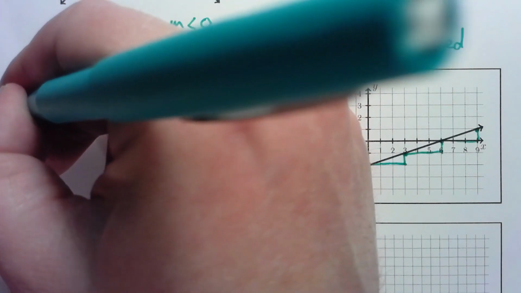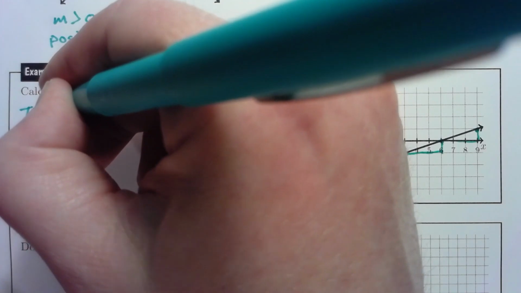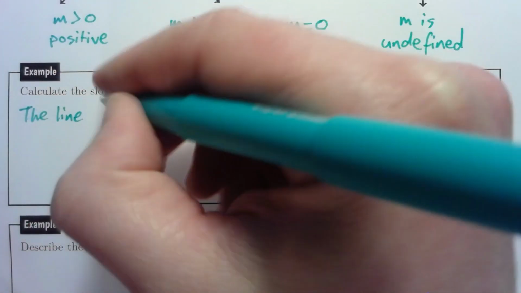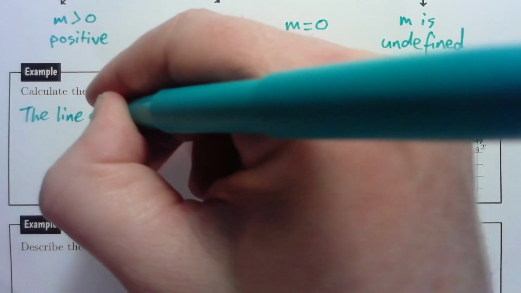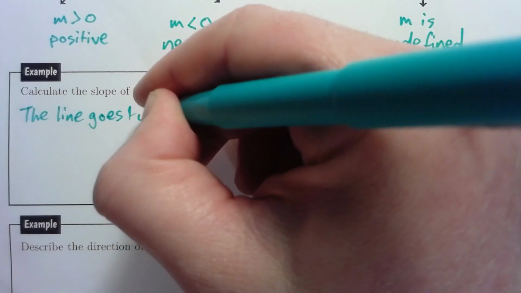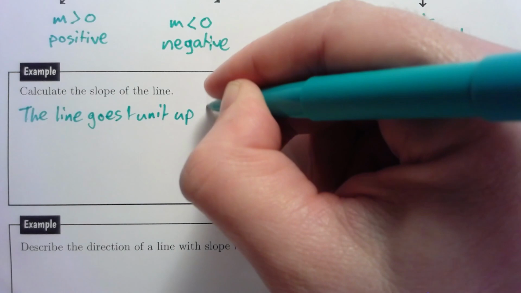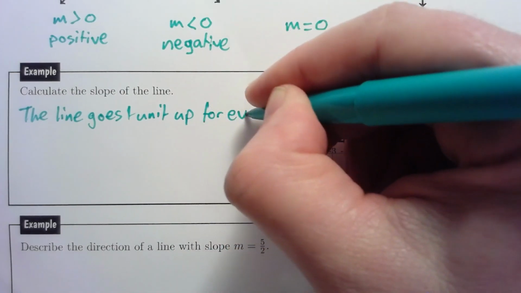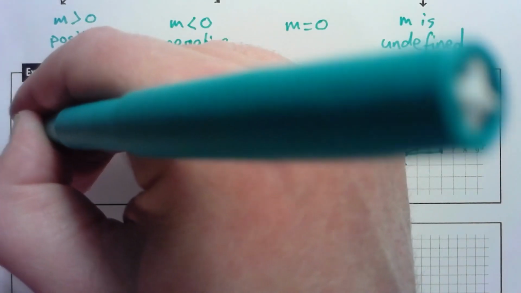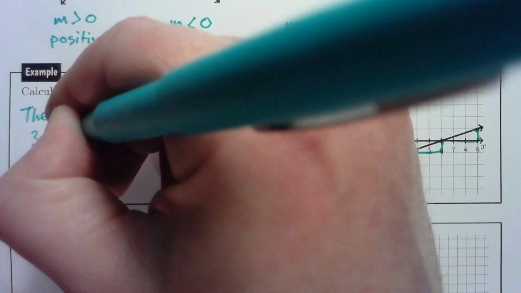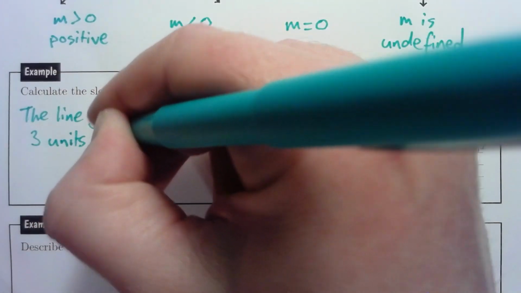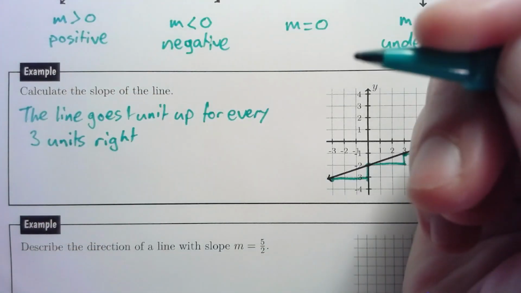So the line goes 1 unit up for every 3 units right.